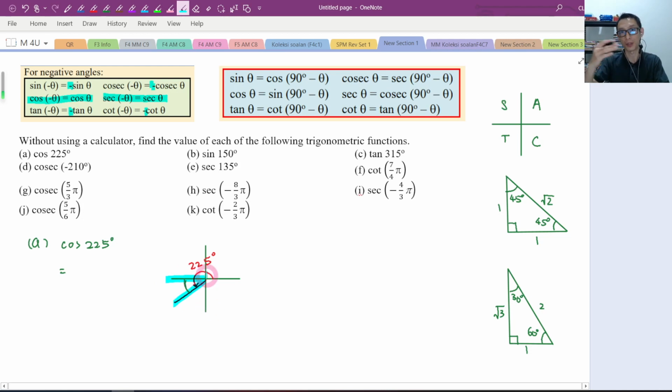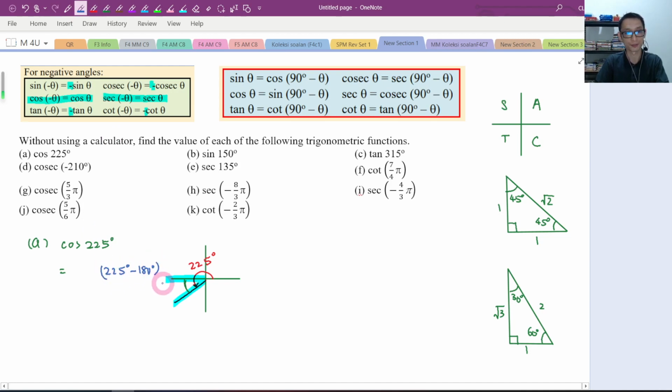So always measure with the x-axis. Okay, be careful. So how do we get this angle? We can just take 225 minus 180, right? So we will get the angle here. 225 degree minus 180 degree.